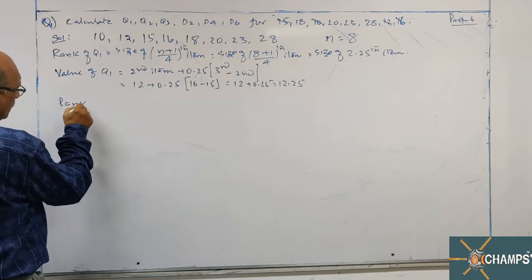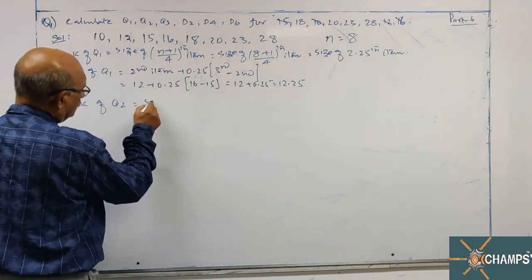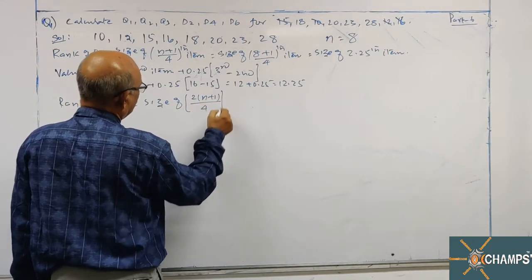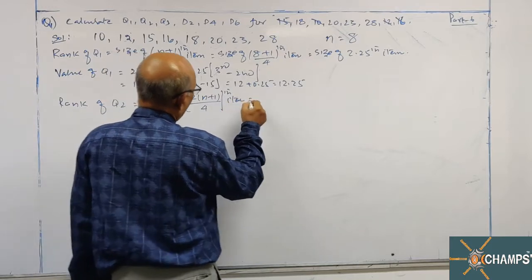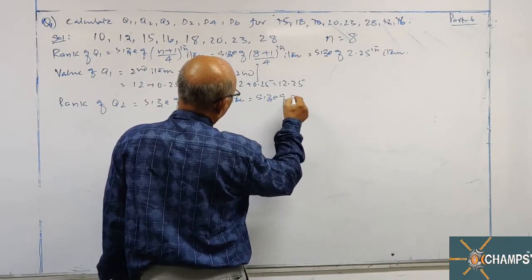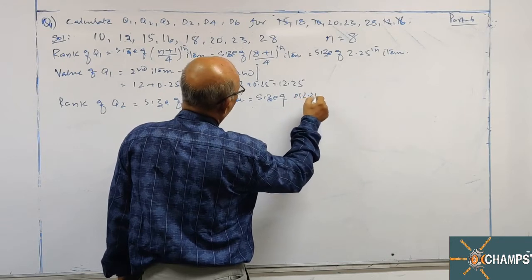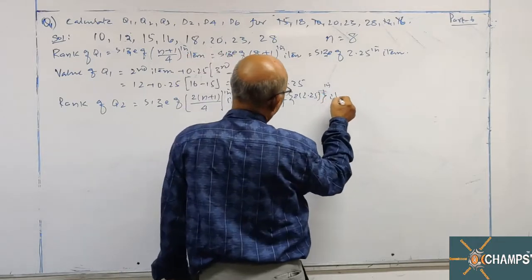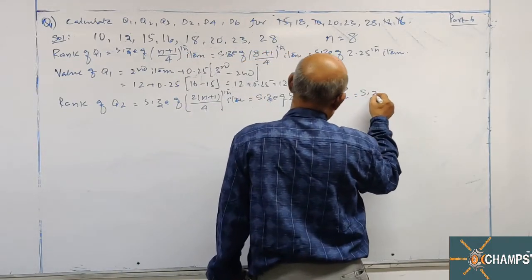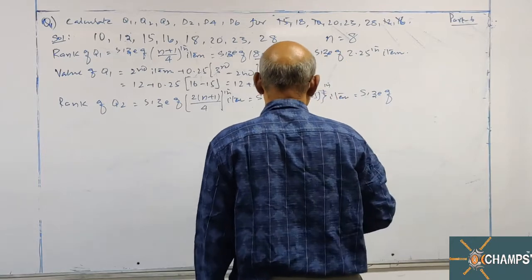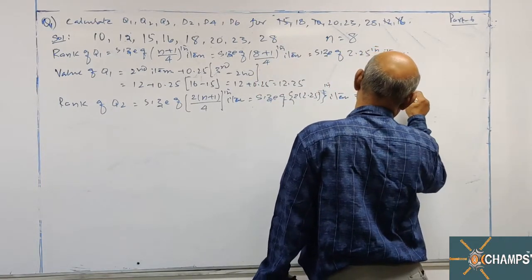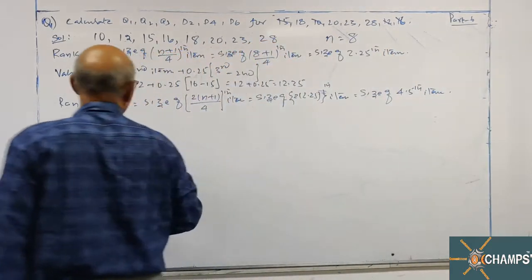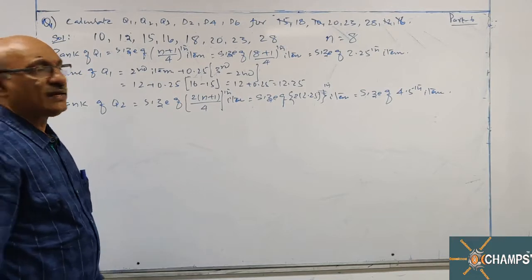Next, rank of Q2. This is size of 2 into (n plus 1) by 4th item. This is equal to size of 2 into 2.25th item, which is the 4.5th item. Now rank is identified, means where it lies is calculated.